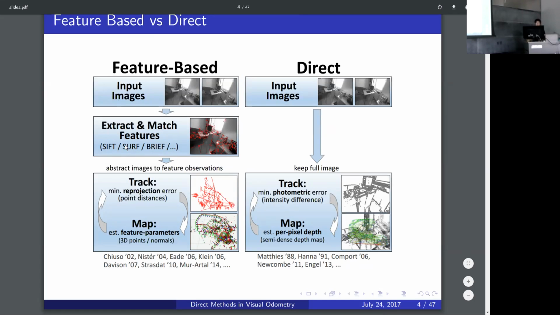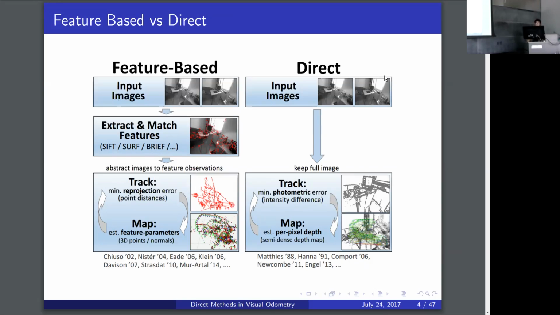These mostly are corner-based feature extraction methods. Then you would do feature correspondence between frames, and you do tracking and mapping. And that's generally how feature-based visual odometry works.